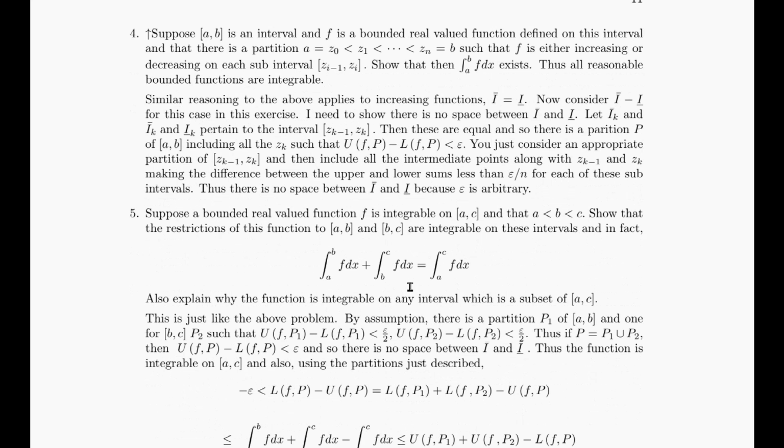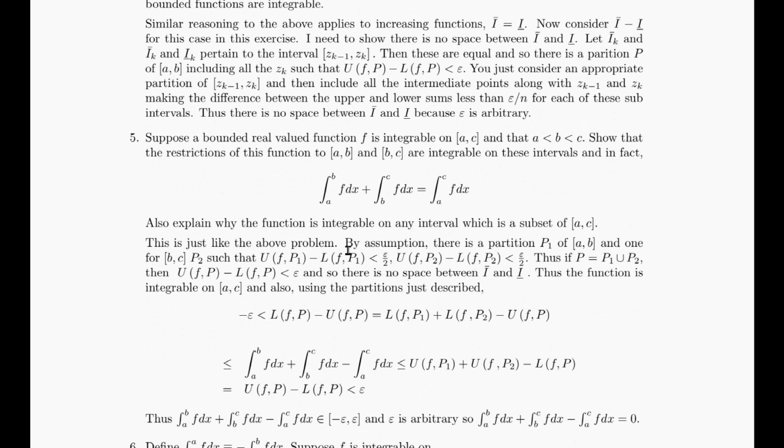Now here's another important observation. If you have a function on an interval, and b is somewhere between the two endpoints, and if you know this function is integrable on these subintervals, then it will be integrable on the whole interval. And in fact, I can say the integral from a up to b plus the integral from b up to c of f is the integral from a up to c.